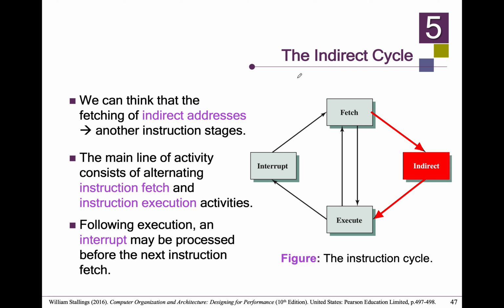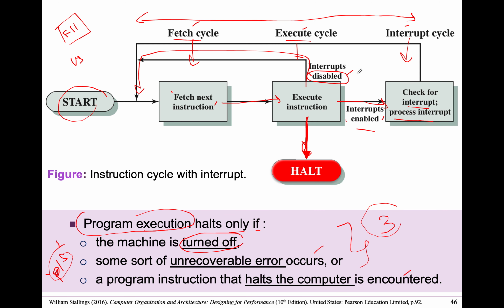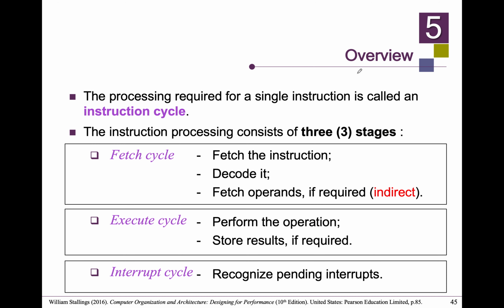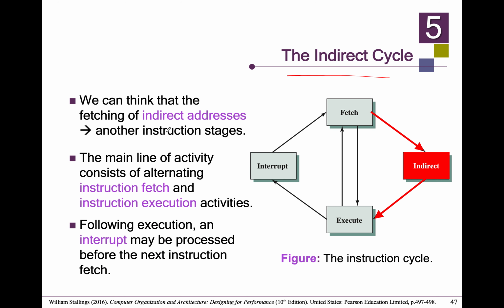So now we're going to look into the indirect cycle. Okay, you can see over here, if you have the fetch operands, if required, you're going to have the process of indirect. So it is in your fetch cycle.